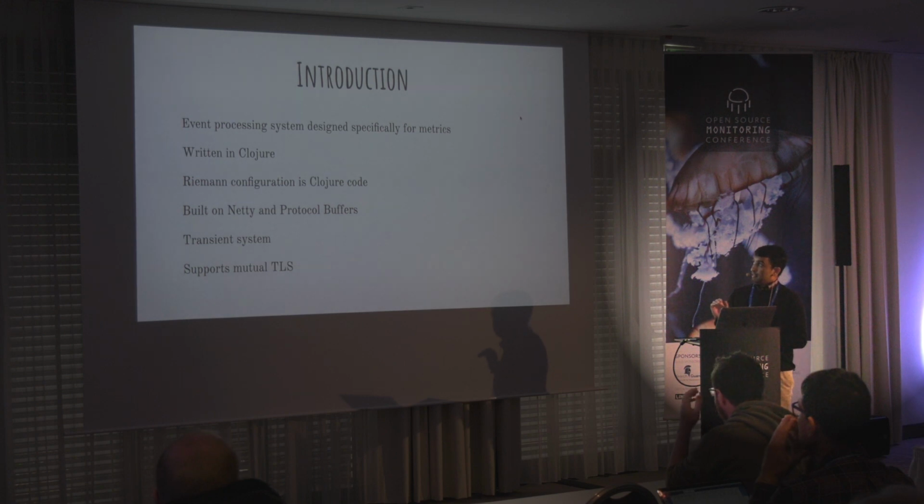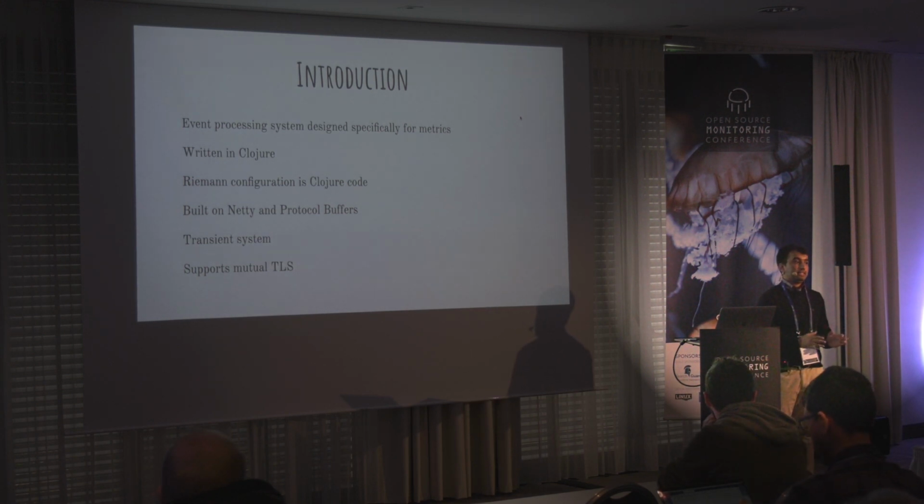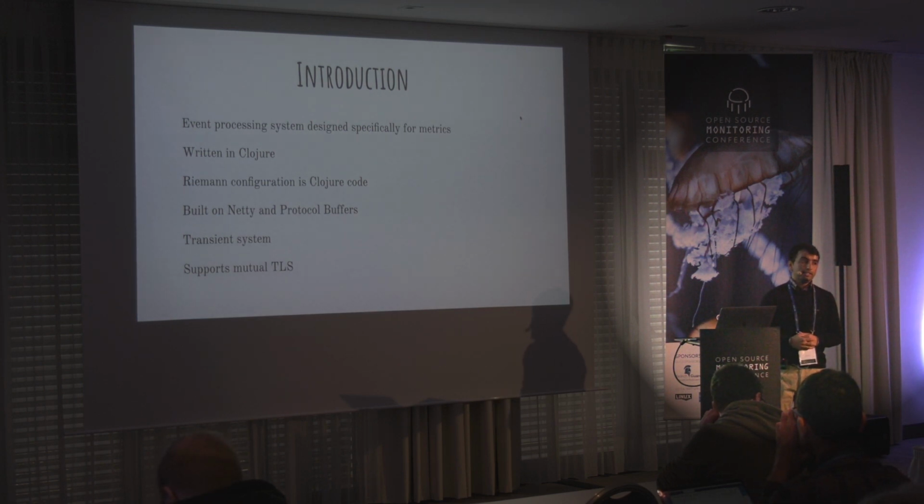So one thing about Riemann is it's completely stateless. It doesn't store the events. It's basically a processing system. You can consider it something like Logstash or Vector, which is really famous nowadays.